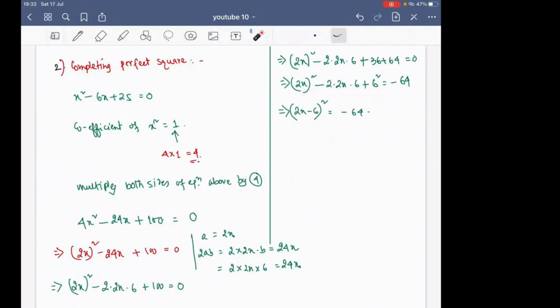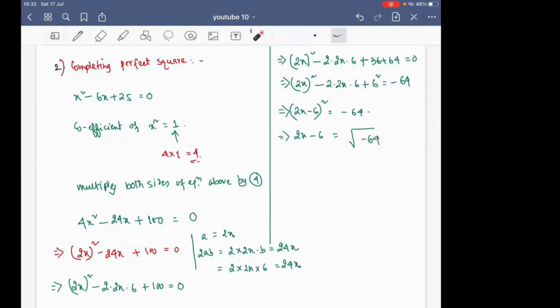We have to find out the root. Root means the value of x. So take the square to the other side. We're going to get 2x minus 6, close the bracket, equal to root over minus 64.